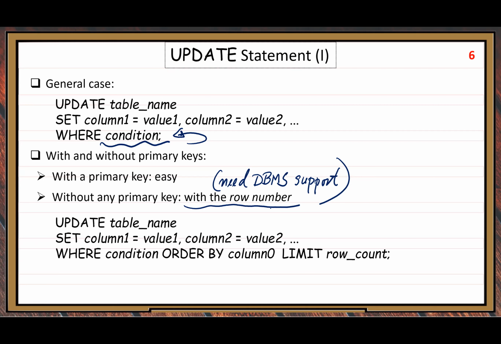So here, look at this version. This is one possible version. We do the update, but for the remaining part, we assume this table does not have any primary key. So we need to use row number to identify it.